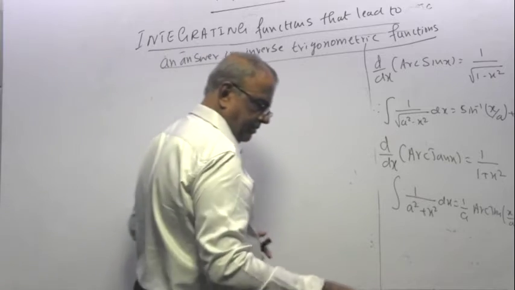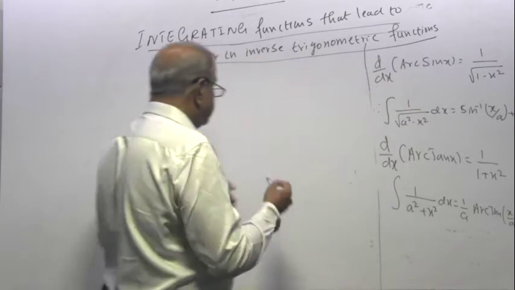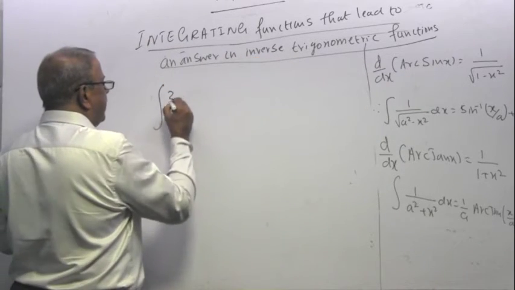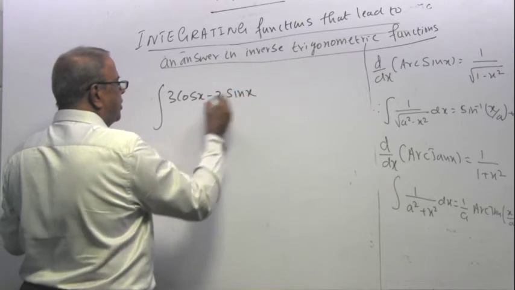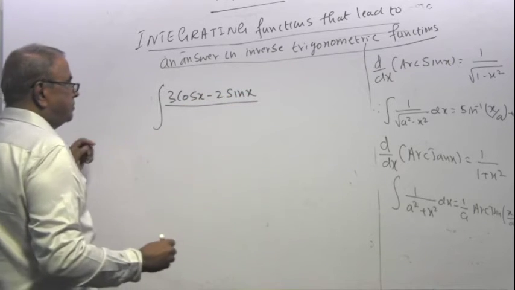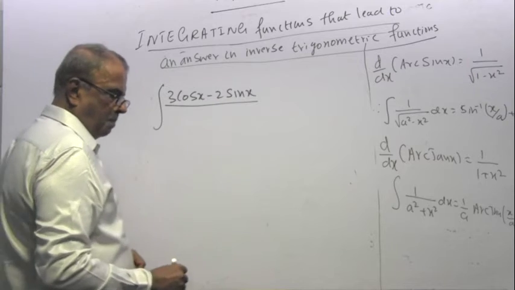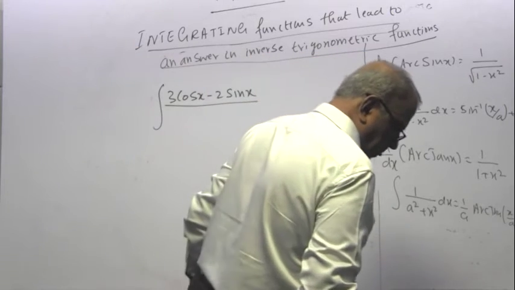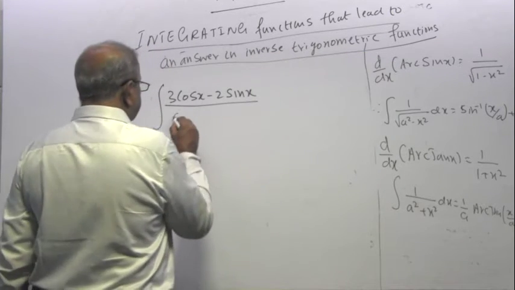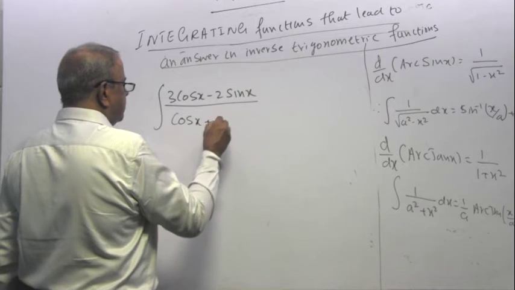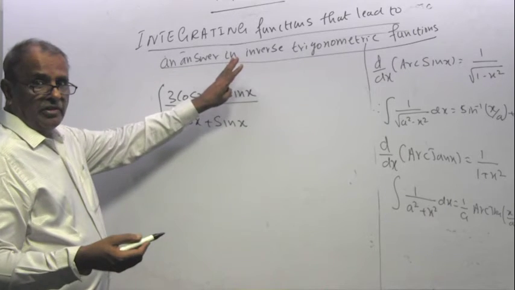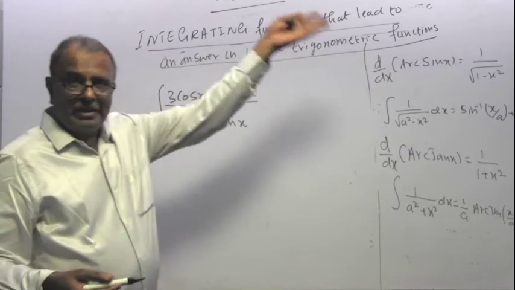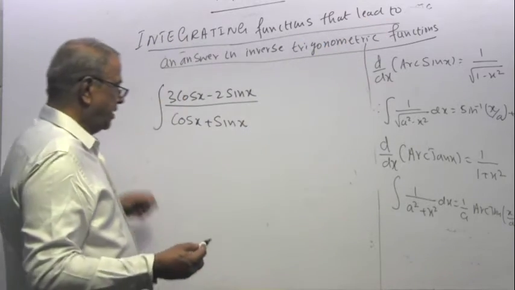I have it here. Integral 3 cos x minus 2 sin x over cos x plus sin x. It could even be just only 3 cos x. The numerator is a part of the derivative, so it still works.